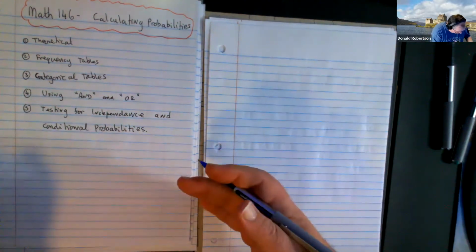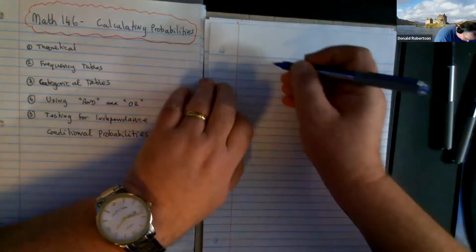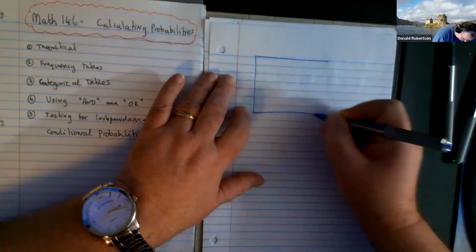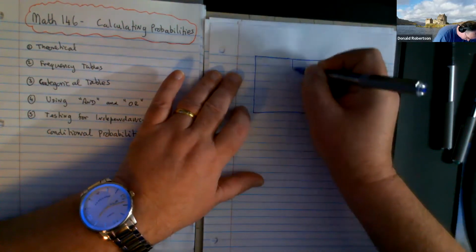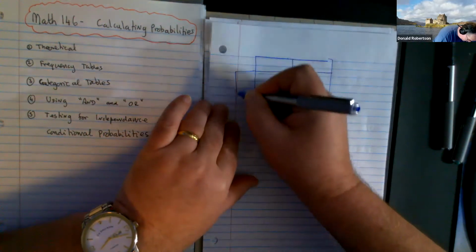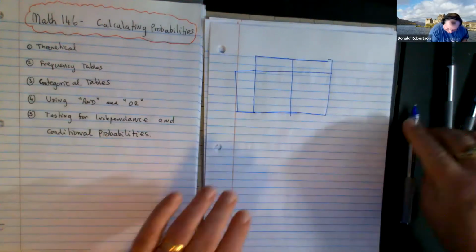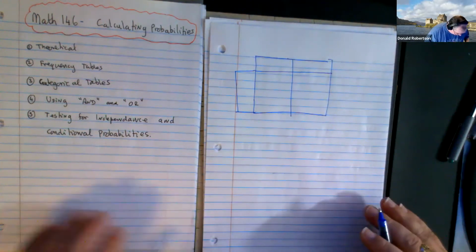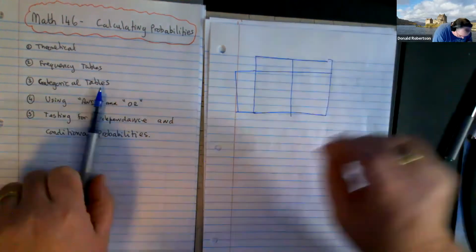So let's do some ands and ors. Let's do some categorical tables as well. So I think I should do it in the order. So a categorical table is basically a two-way table, something like this. So let's suppose we collected data. I need another line here.